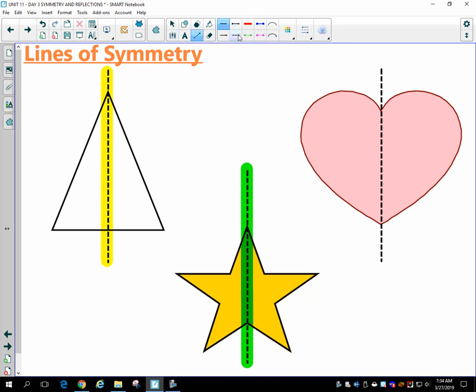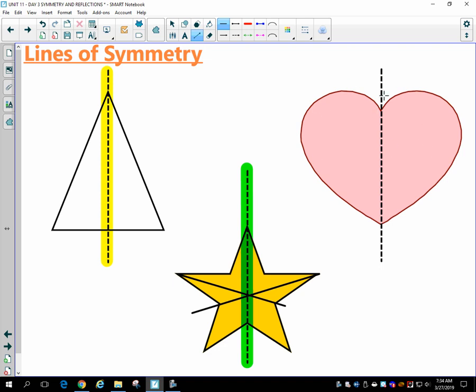Sometimes shapes have more than one line of symmetry, and in fact, this star would have several lines of symmetry. We can do the same thing here. We could fold it over that line. We could fold it over that line, and so on and so forth. The heart, same thing. If I fold the heart over this line of symmetry, it would fold directly onto itself.